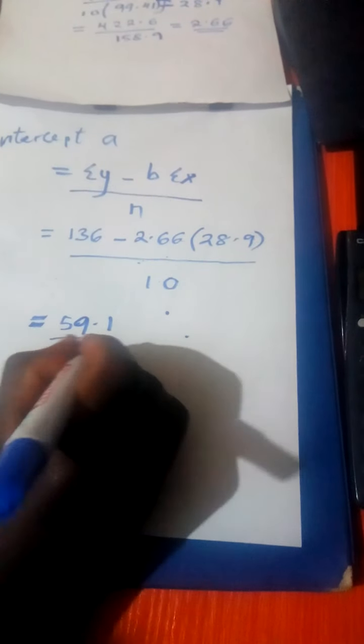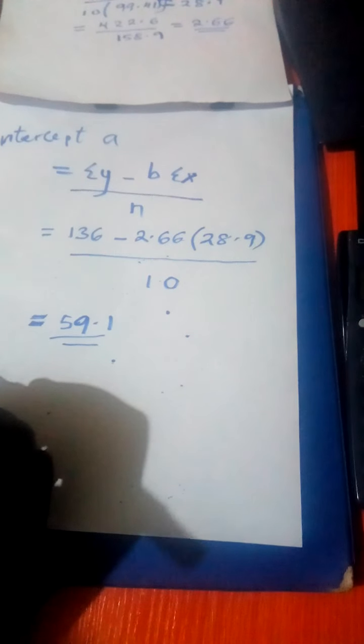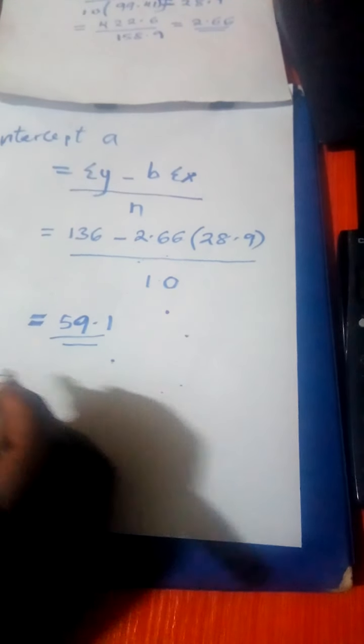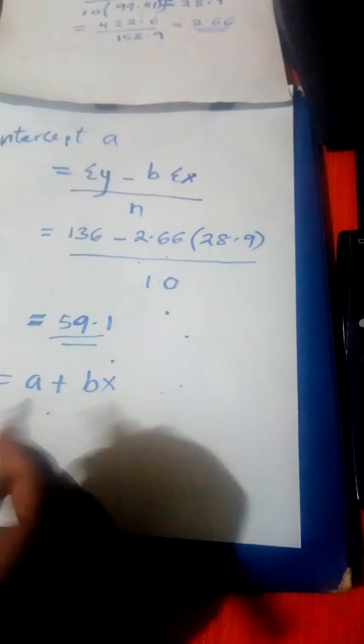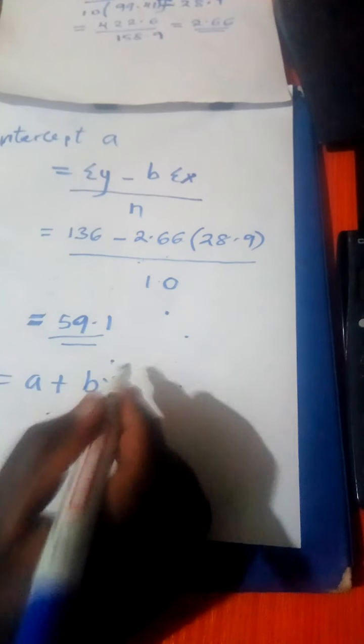5.91. But we know that the equation we need to ascertain is y equals a plus bx. So we already have the b and the a.